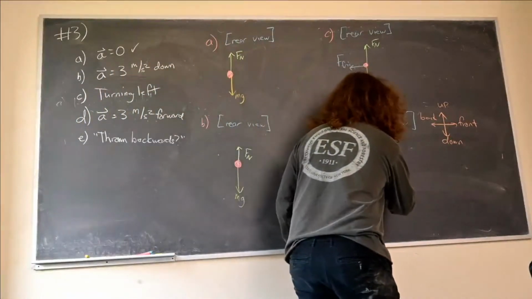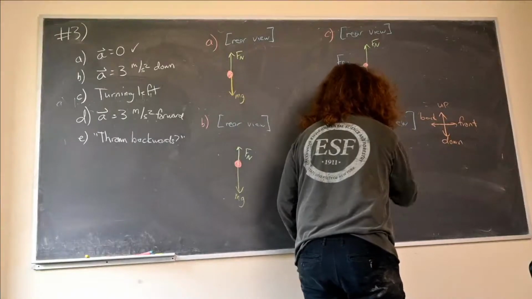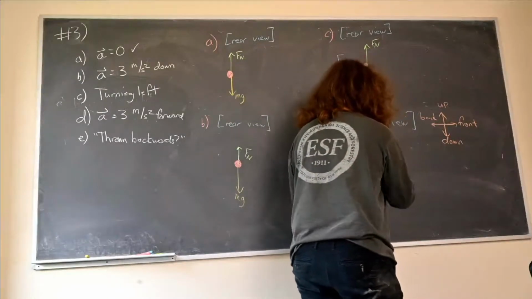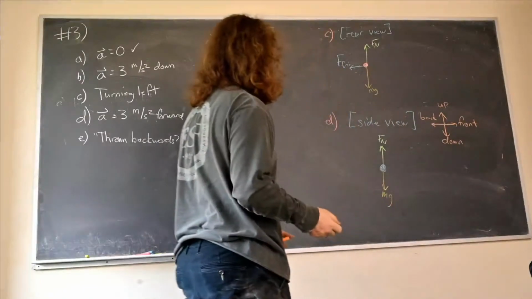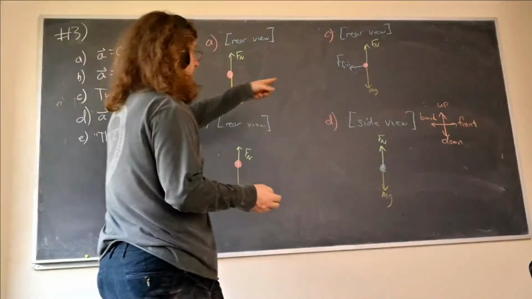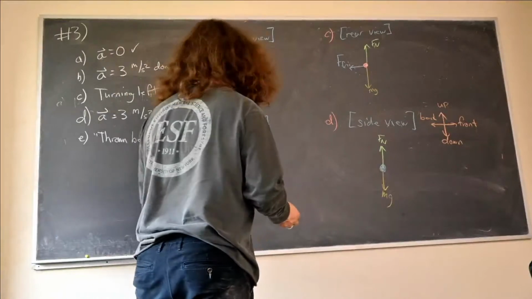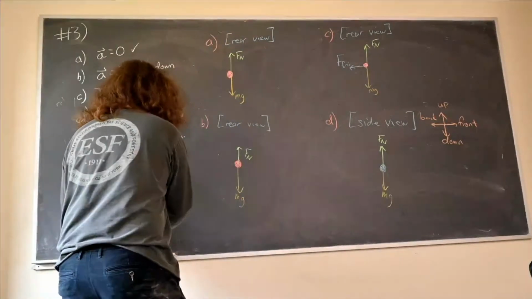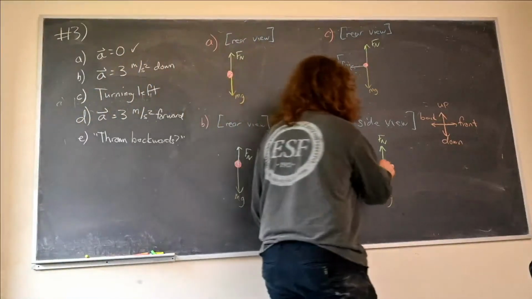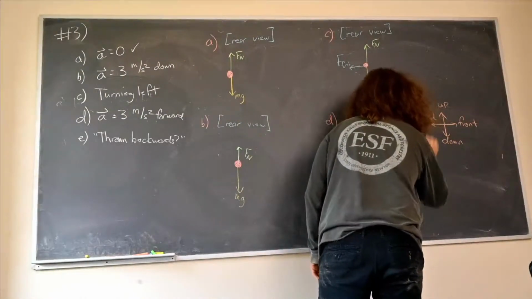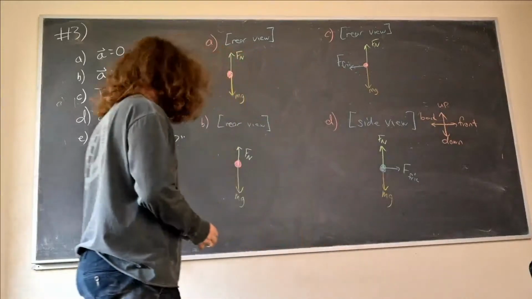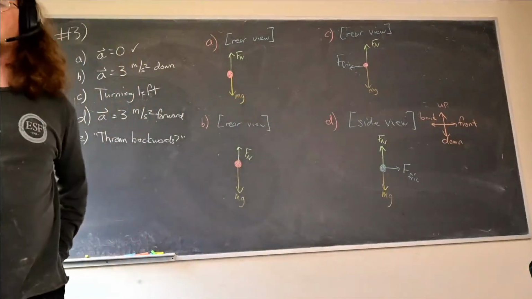So here, those are the same length. But now friction, rather than pointing me to the left, now points me forward. So those are parts A through D.